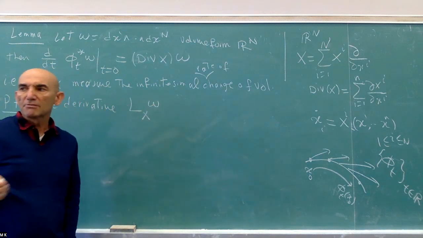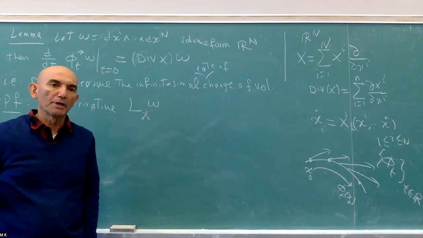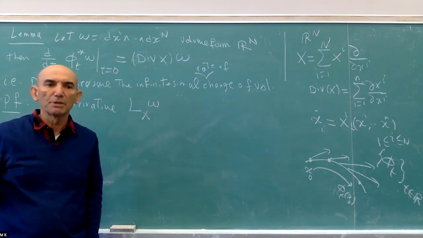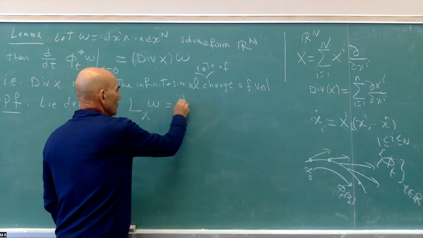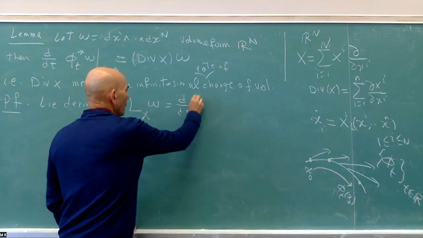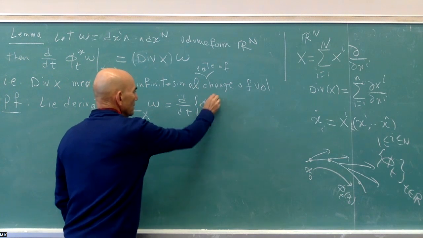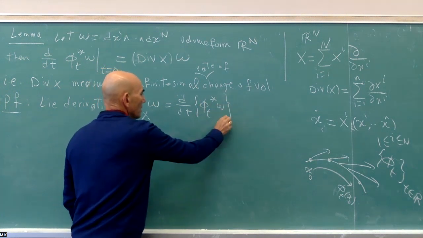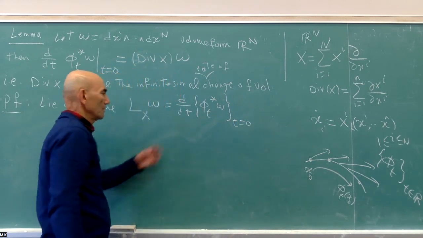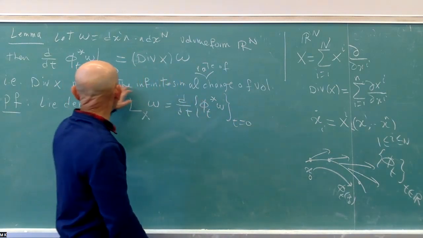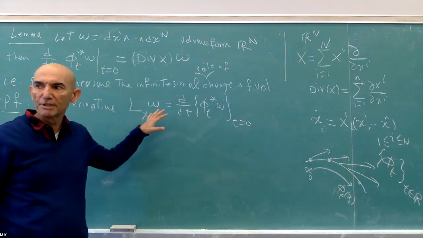The Lie derivative of a tensor field with respect to any vector field can be defined. This is really just d/dt of phi_t star of omega at t equal to 0. The left-hand side of the equation is really just the definition of Lie derivative.